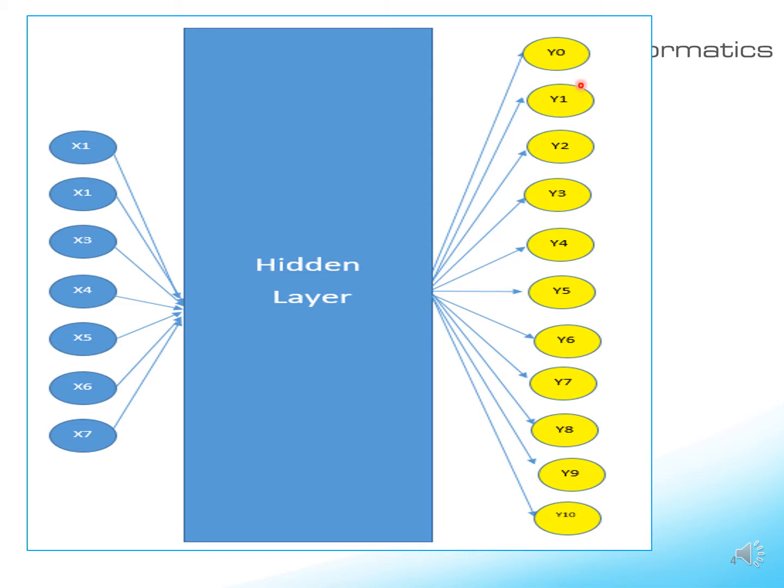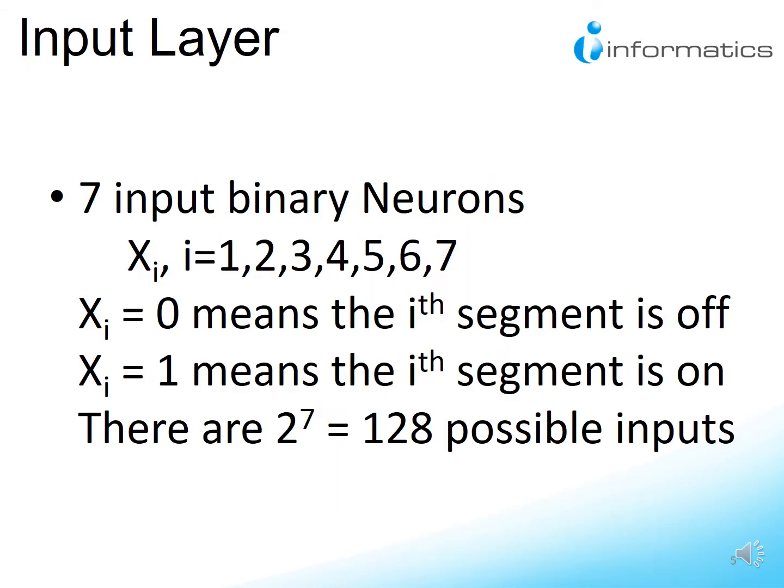At the output layer, there will be 11 neurons. The number of neurons at the hidden layer is subject to your experiment. The input layer consists of 7 binary neurons: X1, X2, X3, X4, X5, X6, and X7.